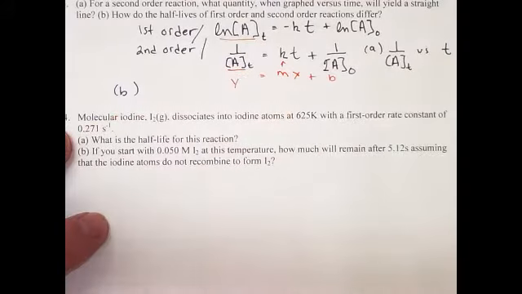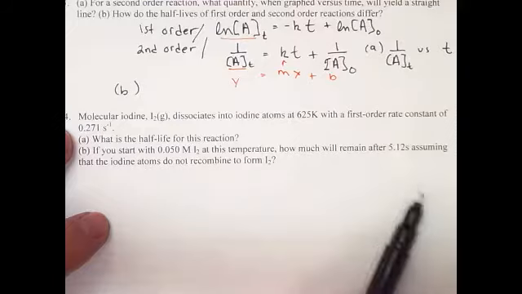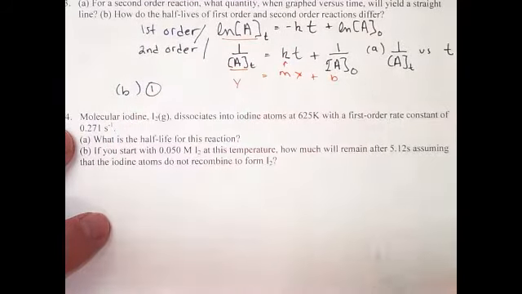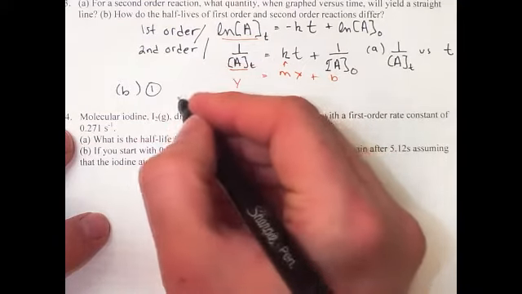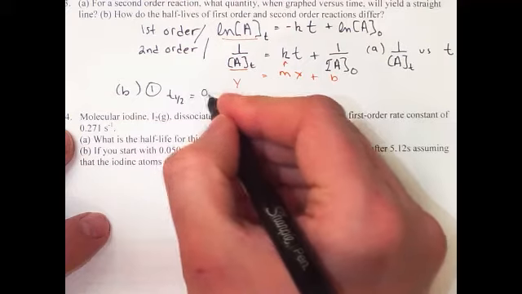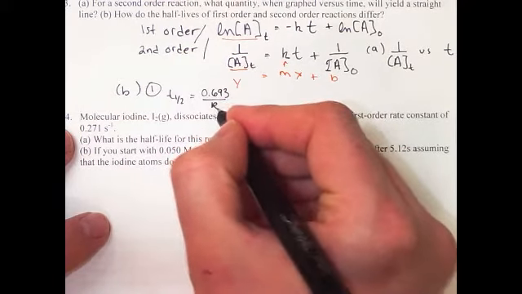For question B, it says, how do the half-lives for first order and second order rate laws differ? So the thing with half-lives is a half-life is the amount of time it takes for half of the sample to react. So for a first order rate law, the half-life is equal to the natural logarithm of 2, which we solve out to 0.693, divided by the rate constant.